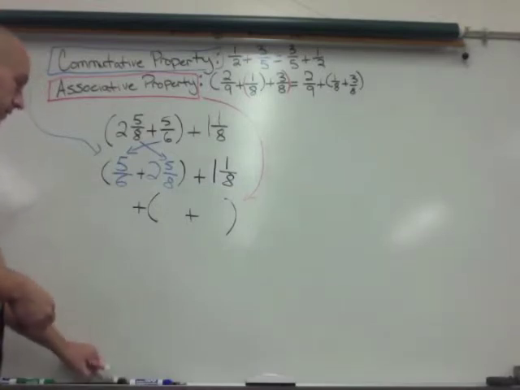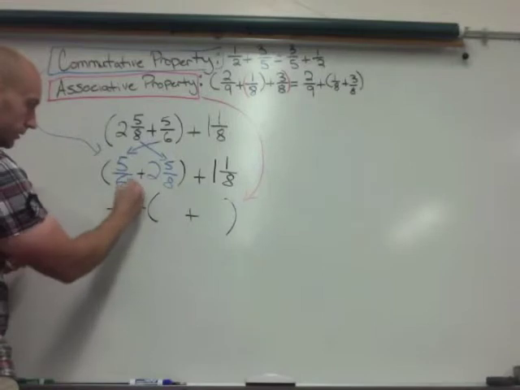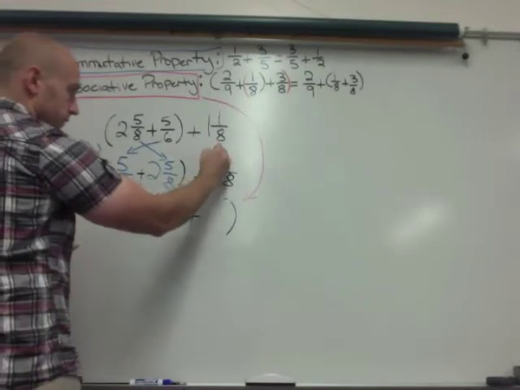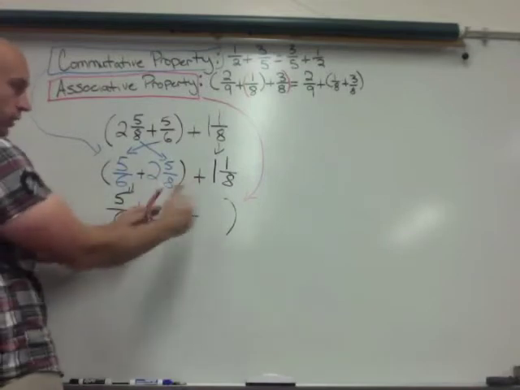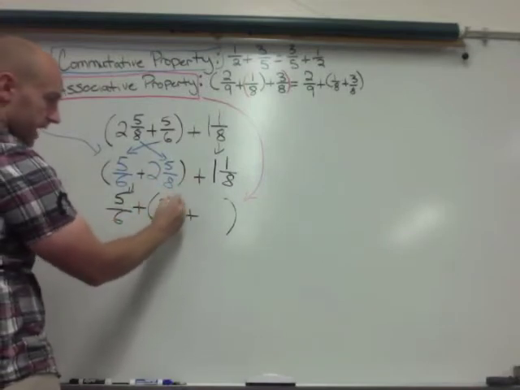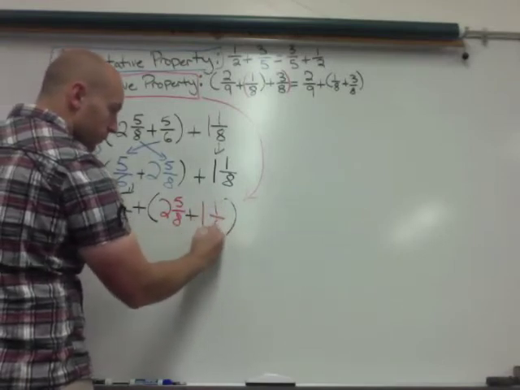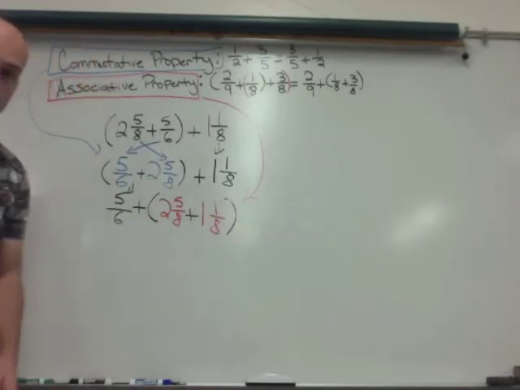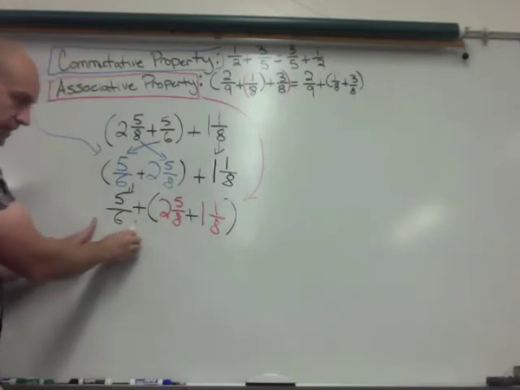My 5/6 is going to stay right over here. I'm just drawing the arrows. Now my parentheses moved over, so the numbers inside my parentheses are 2 5/8 and 1 1/8. Now my problem is a little bit easier because I'm going to add these first, and then I can add this at the end.